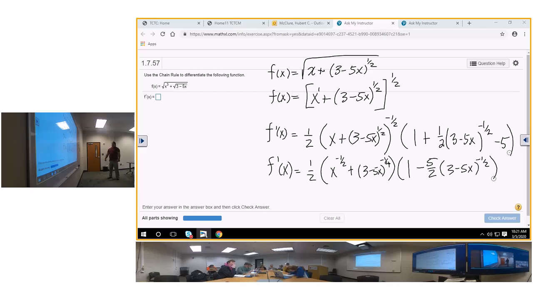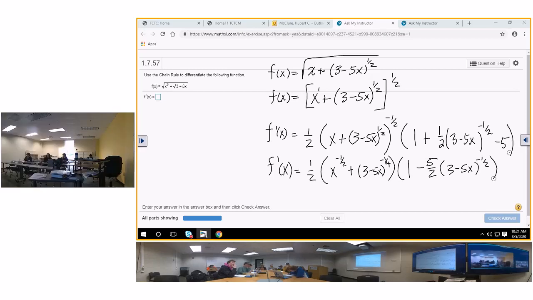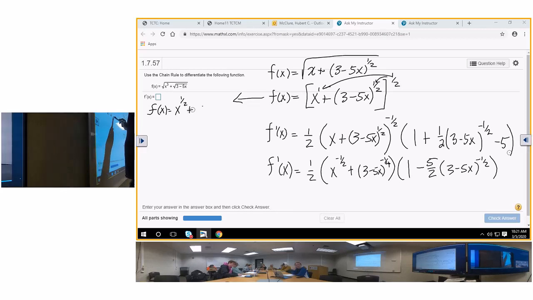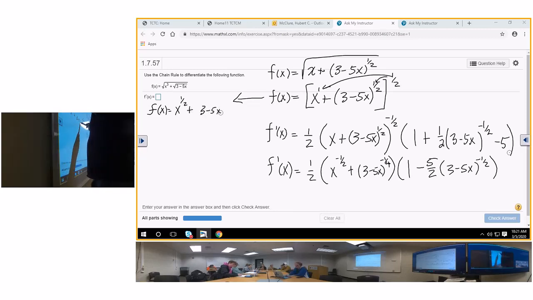You could use the FOIL method. I'm going to go back here, and I'm going to see what happens when I distribute. I'm going to go over here and say f of x is equal to x to the 1/2 plus 3 minus 5x to the what? 1/4?